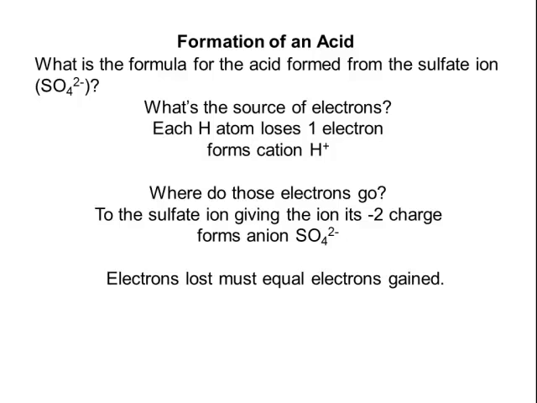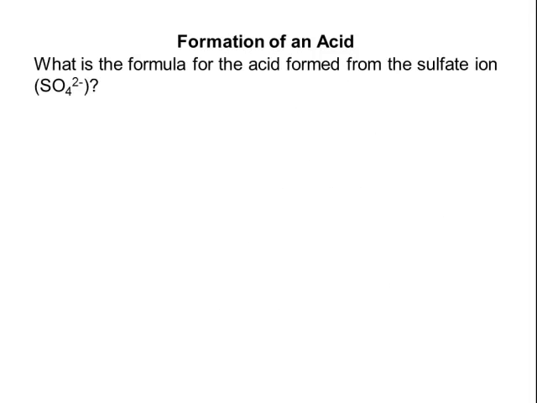All right, so keep in mind, those electrons lost must equal electrons gained, so those charges must be balanced. We need a net overall charge of 0. So if we start with our two ions, H+ and SO4 2-, H+ is a +1, SO4 is a -2, add them together, I end up with a -1. I haven't reached that charge of 0.